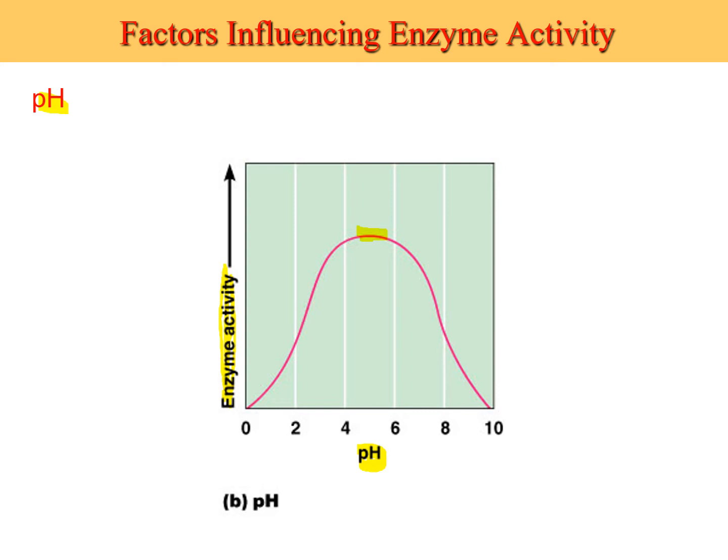Some other enzyme would have a different curve; these curves are not the same for every enzyme. Another enzyme might have a different pH enzyme activity curve. For example, enzymes that are active within the stomach have their peak activity at a pH of 2. All right, so the curve might look like this.